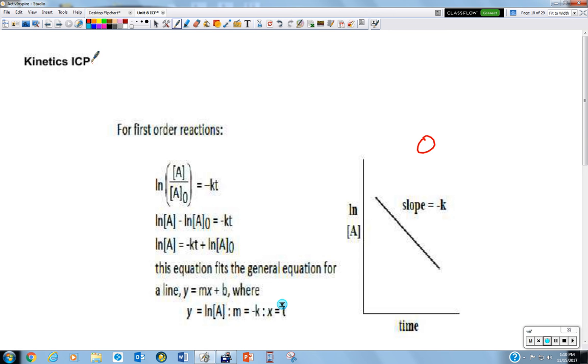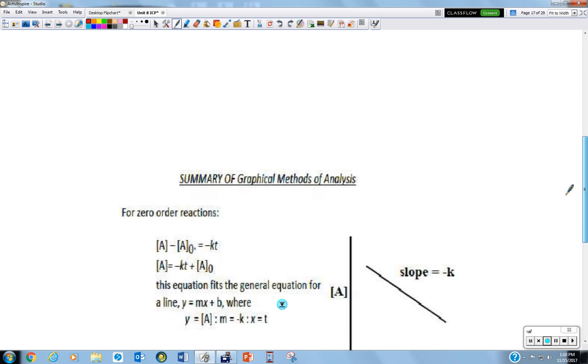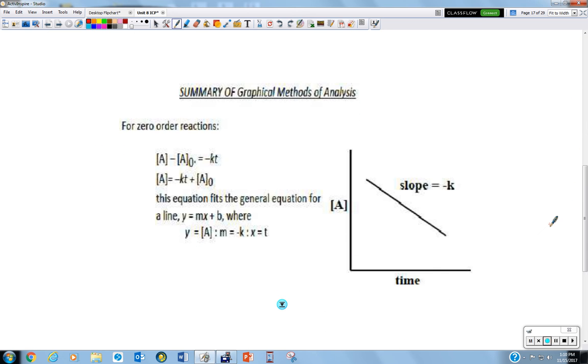Where's my zero order? Oh, it's down at the bottom. This is our zero order. Above the zero order, go ahead and put C. And C tells us that our y-axis is concentration.